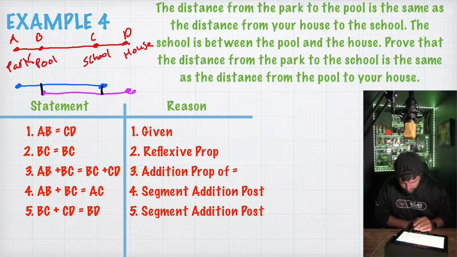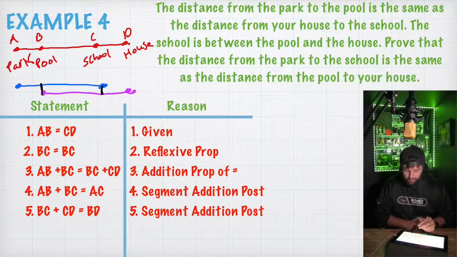Now we know that AB plus BC equals BC plus CD, right? AB plus BC and BC plus CD right here. We know those two things are true, and we're trying to prove that AC equals BD.